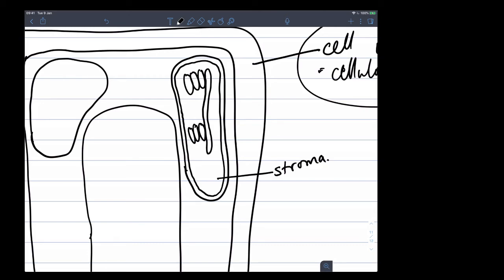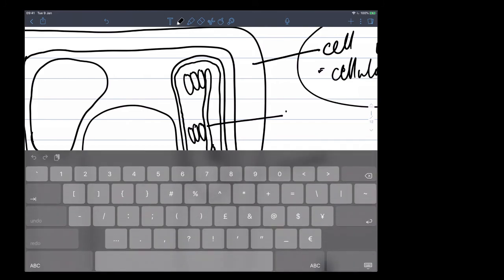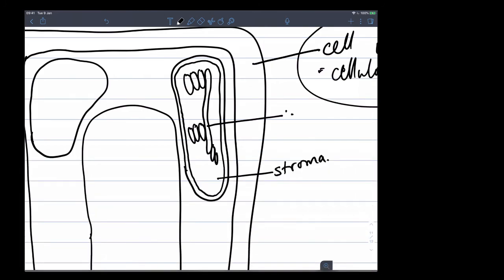So these thylakoids contain the electron carriers and proteins needed to carry out the light dependent stage here. The stroma has got the enzymes to carry out the light independent stage of photosynthesis.